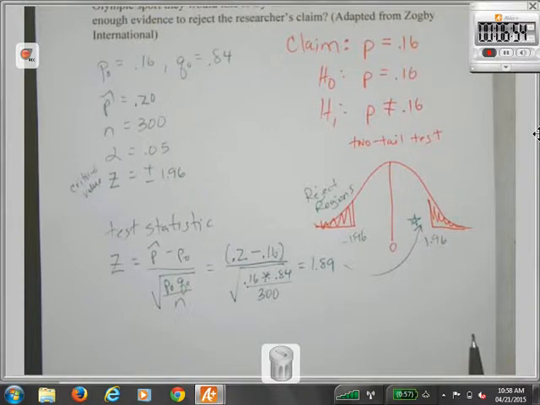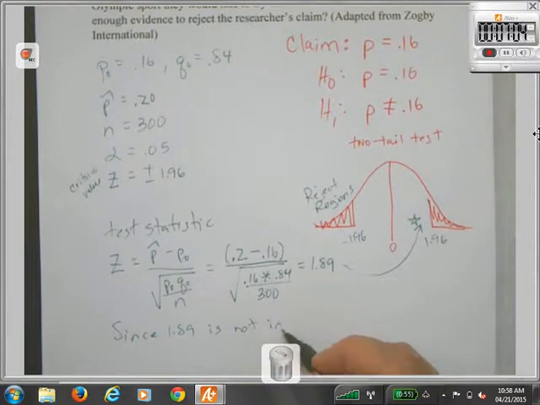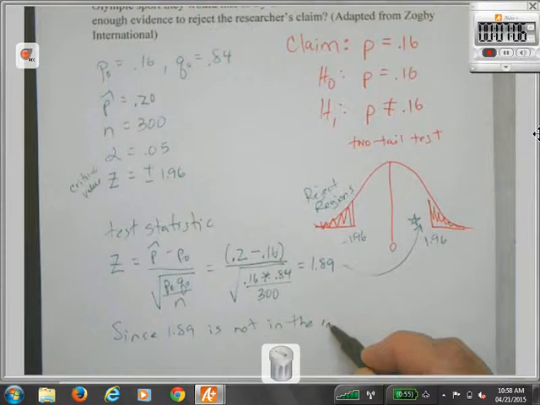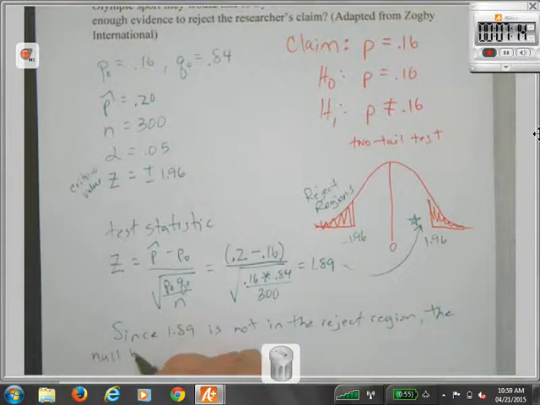Okay, so we're going to write first, since 1.89 is not in the reject region, the null hypothesis is not rejected.